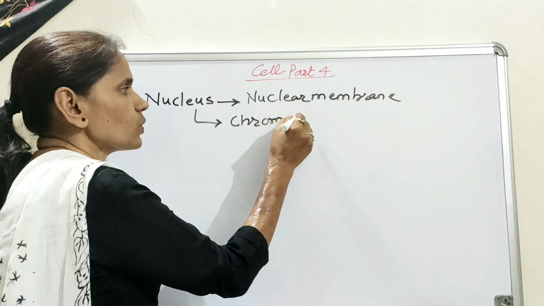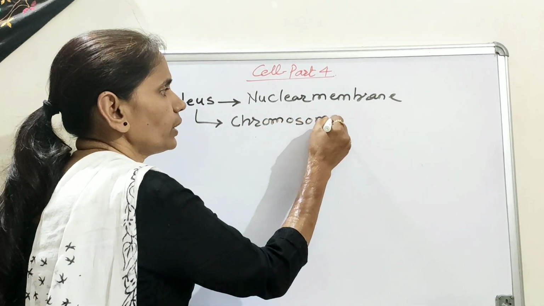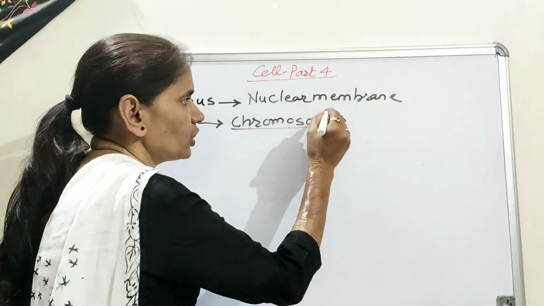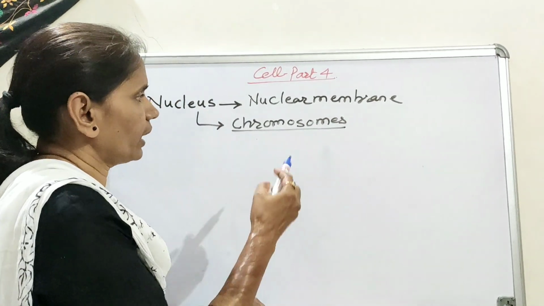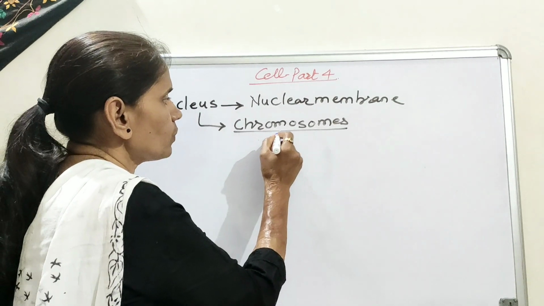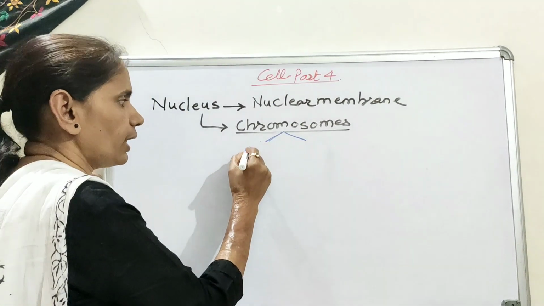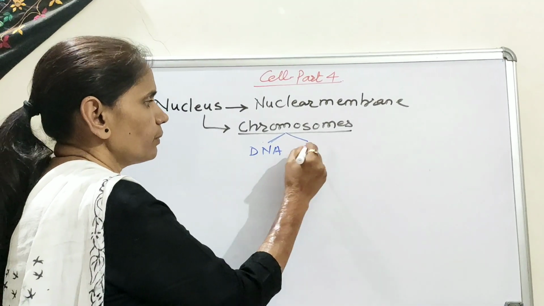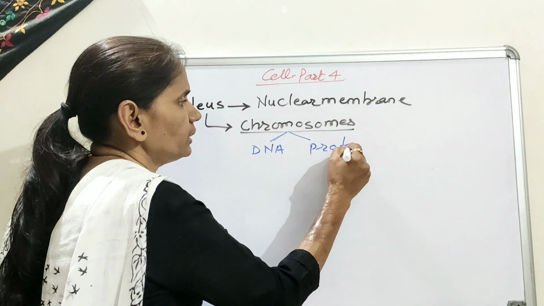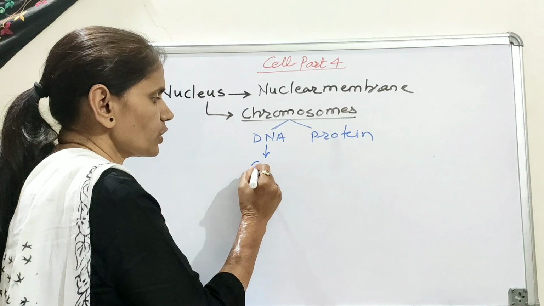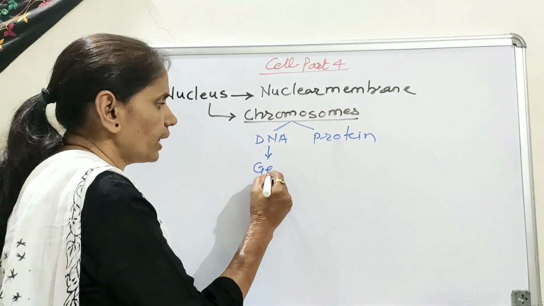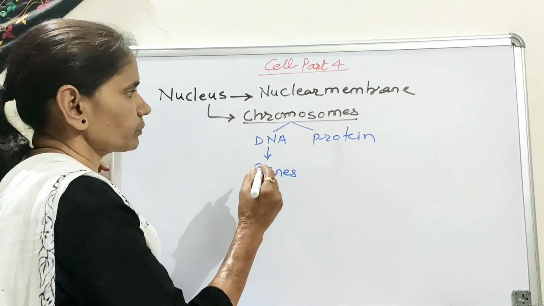Now these chromosomes are having important role in transferring genetic information to the next cells of next generation. The chromosomes are made up of DNA as well as protein, and these DNA, it consists of the functional units or functional segments that are known as genes.